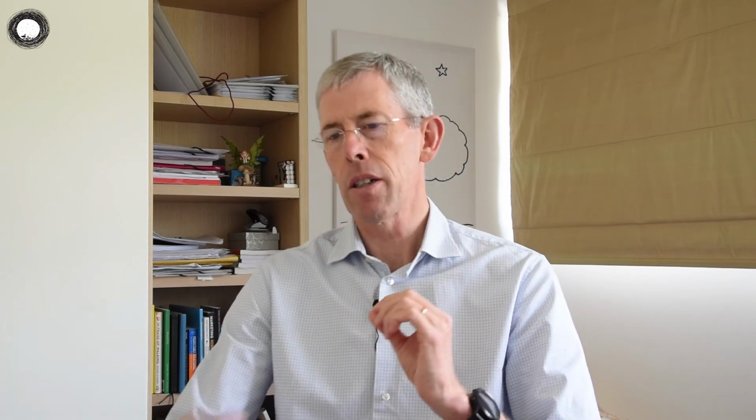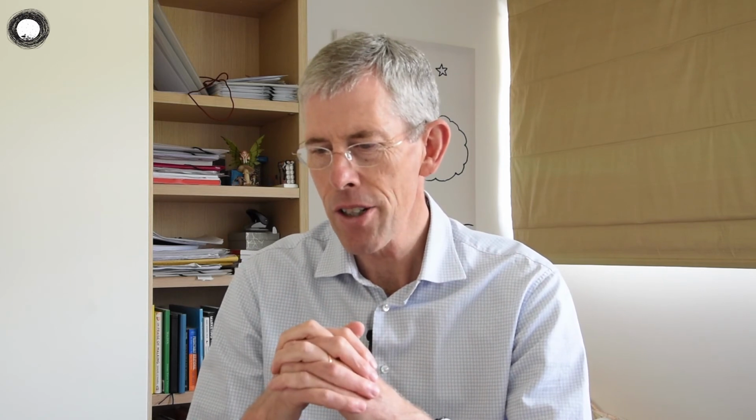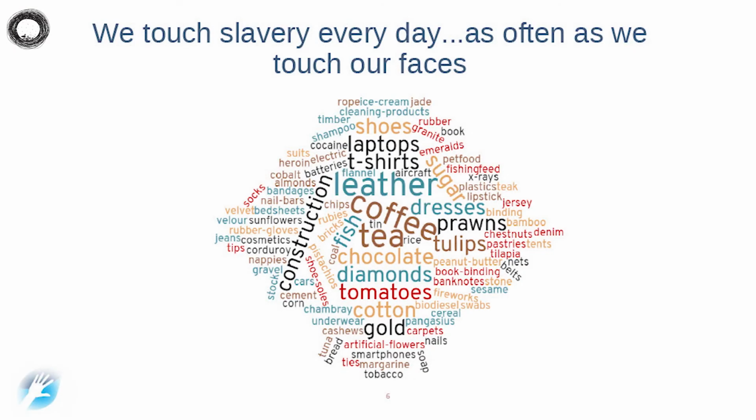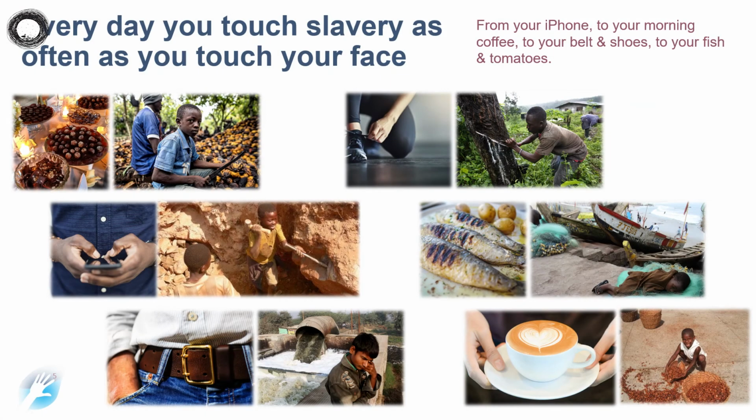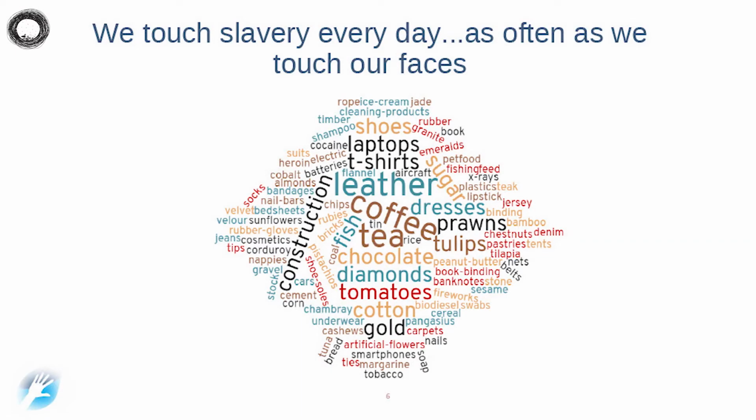Now the next one, we've got a lovely little artistic creation, and we say we touch slavery every day as often as we touch our faces. So this is a really powerful message. And rather than have pictures, we had pictures there before that weren't really clear. We've made a bit of a word cloud of the very common things that we buy and consume every day.